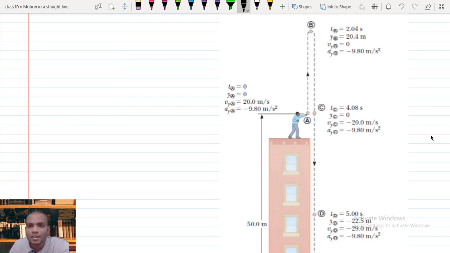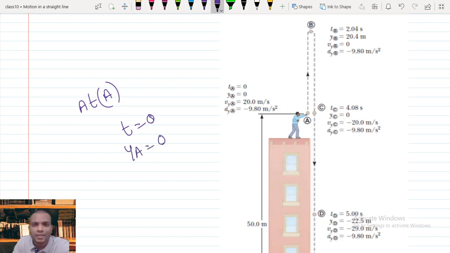Here we consider different positions A, B, C and D. Initially at A, when time t equals 0, the object has not yet dropped. At time t equals 0, the vertical displacement at A equals 0, but the initial velocity at A, the velocity with which the object is thrown, is 20 meters per second.